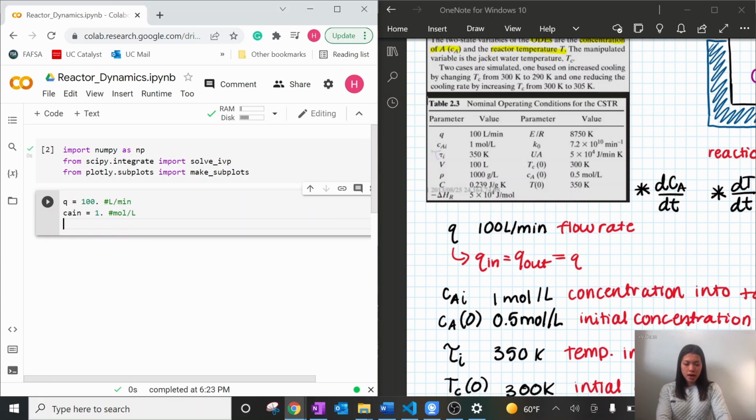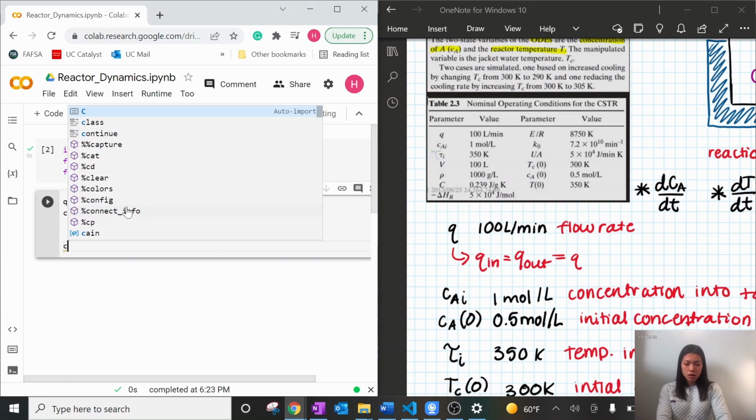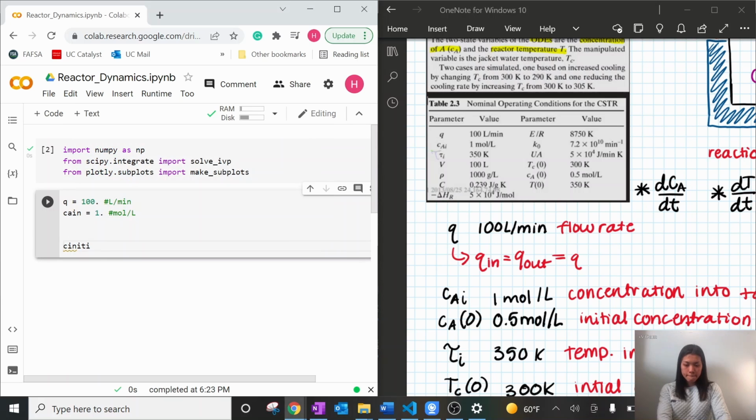We also have our initial concentration, and that is 0.5 moles per liter.